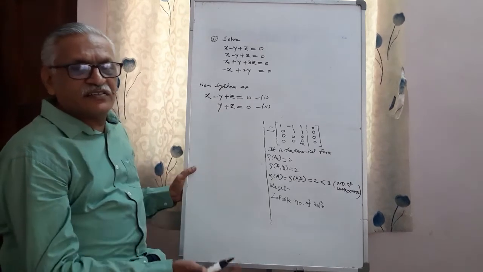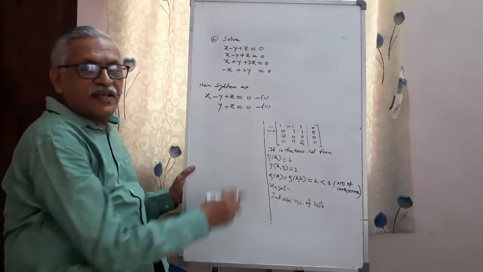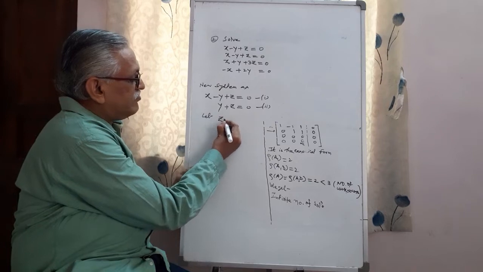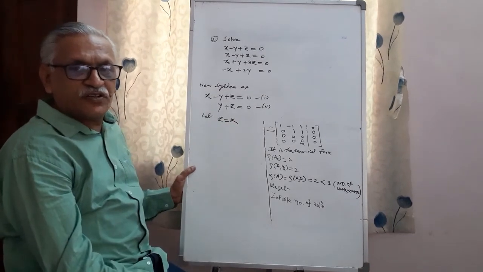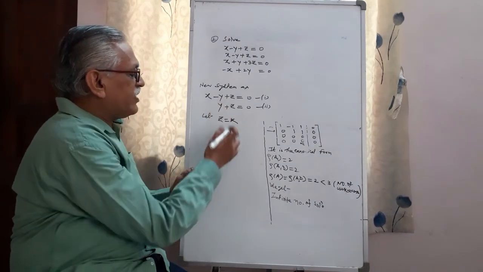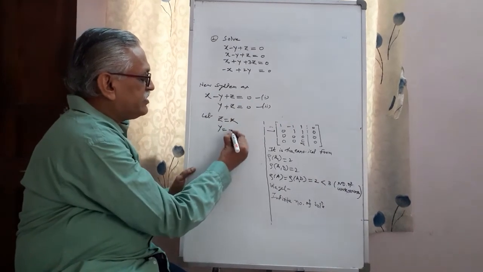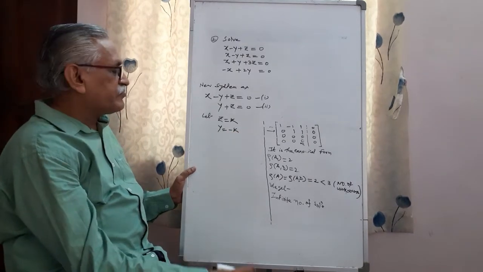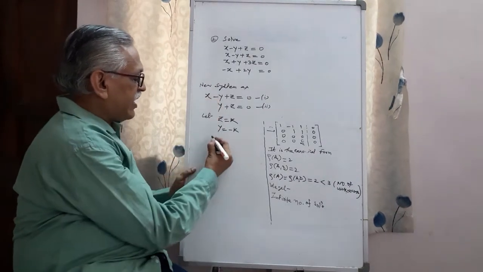The technique is exactly similar to the non-homogeneous type. Therefore, considering any one of them as k, let z be k, a non-zero scalar quantity. Put that value here to find the value of y. Therefore, from equation 2 we get y equal to minus z, and z is k. Therefore, it is minus k. Put these two values in the first to find x.